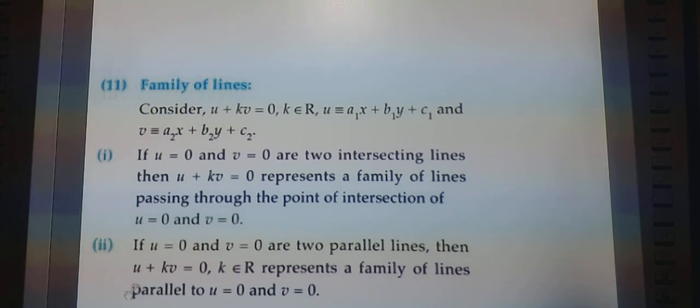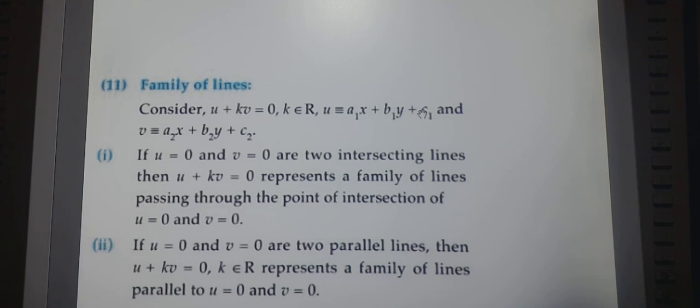So the last point, family of lines. How to calculate family of lines? When we have given any two equations, suppose equation of first line is u equals to a1x plus b1y plus c1 and v equals to a2x plus b2y plus c2.